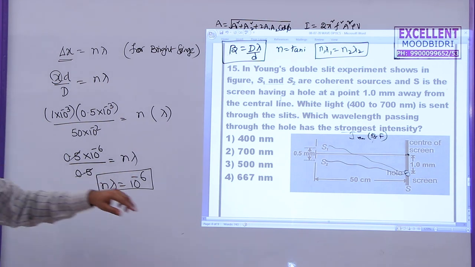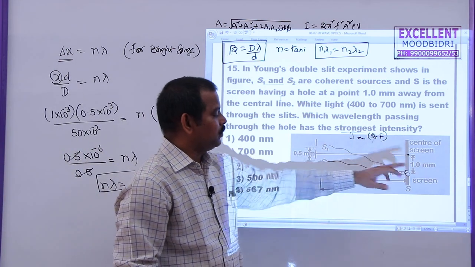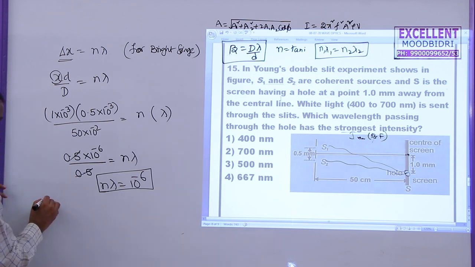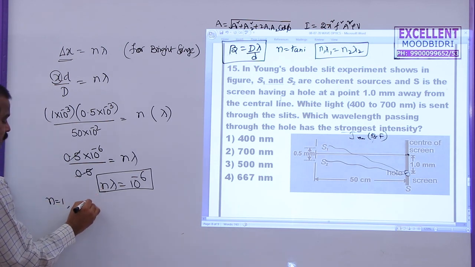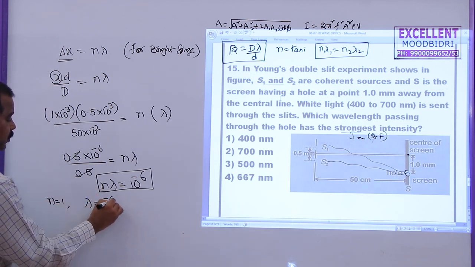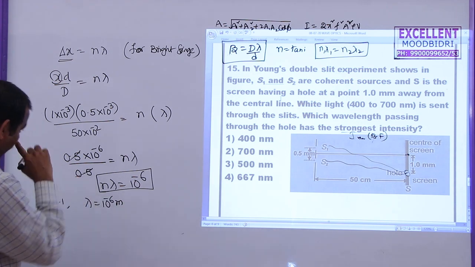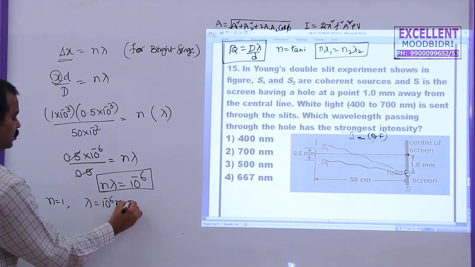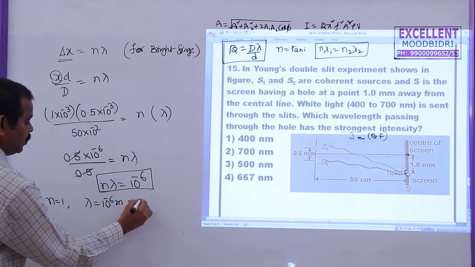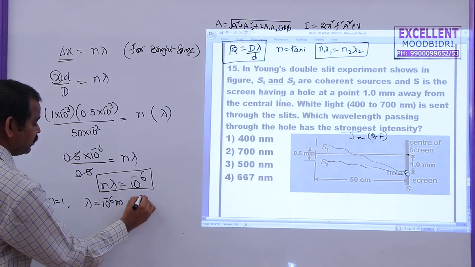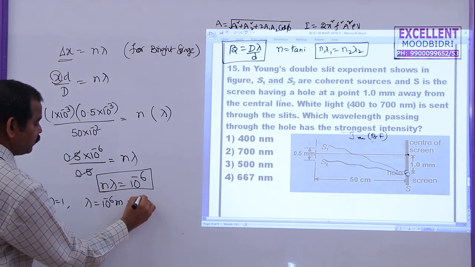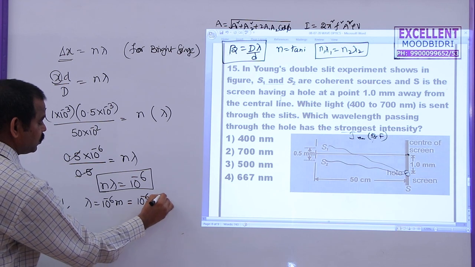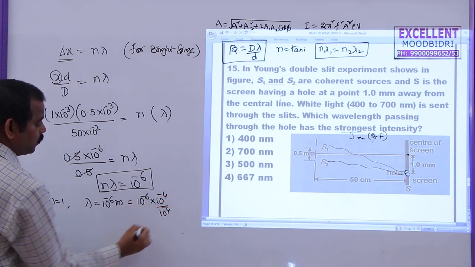Now let us say here the first bright fringe is formed. So if n is equal to 1, this will become lambda is equal to 10 power minus 6 meters. This is nothing but 10 power minus 6 into 10 power minus 4 by 10 power minus 4.